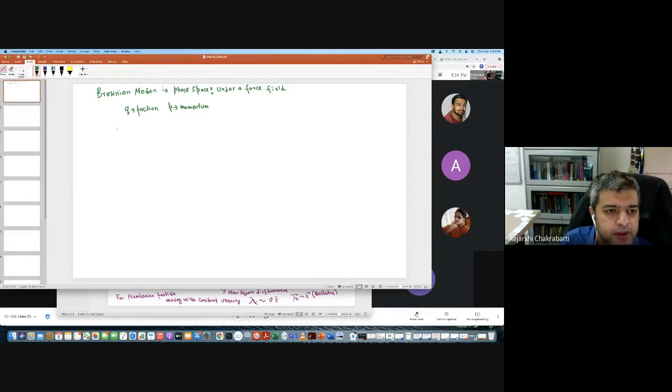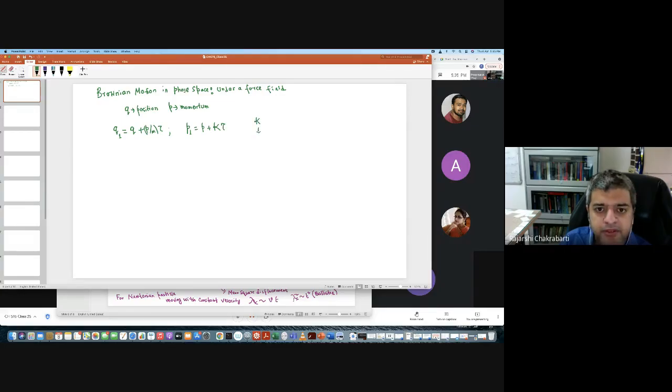So, for example, if I talk about the position at some later time, let me call it Q1. It is nothing but the position at some previous time, Q, plus P, the momentum, divided by mass, which gives you velocity, times the time difference tau. Similarly, the momentum is given by P plus kappa times tau.